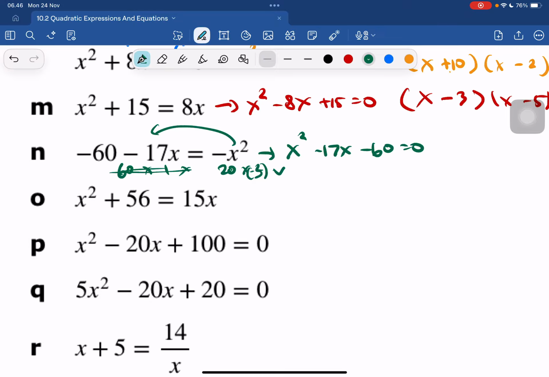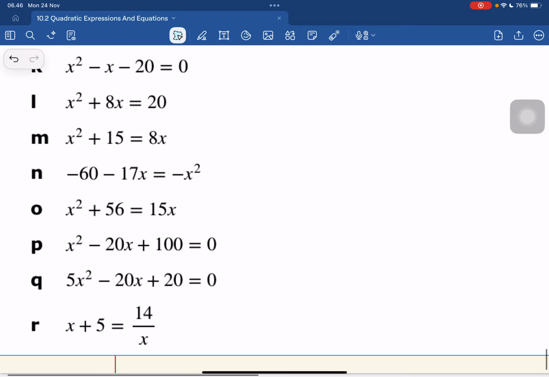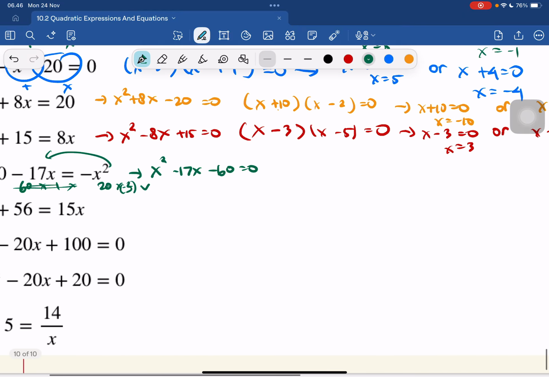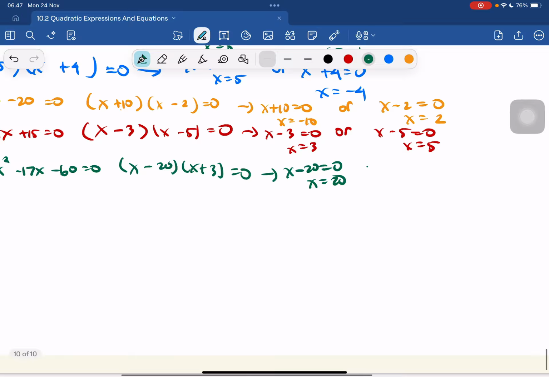We will use it here. So x minus 20 and x plus 3. When we add, it's going to be minus 17, and when we multiply, it equals minus 60. Equal to 0. So first x minus 20 equal to 0, so x equal to 20. Or x plus 3 equal to 0, so x will be minus 3.